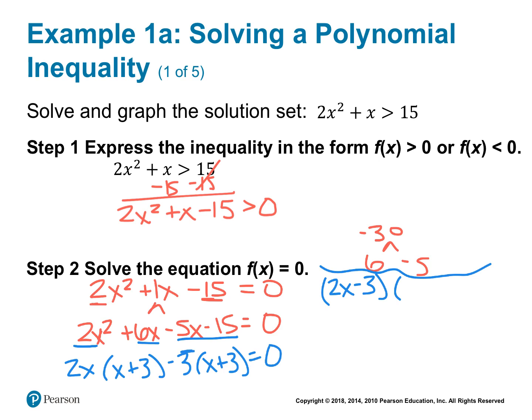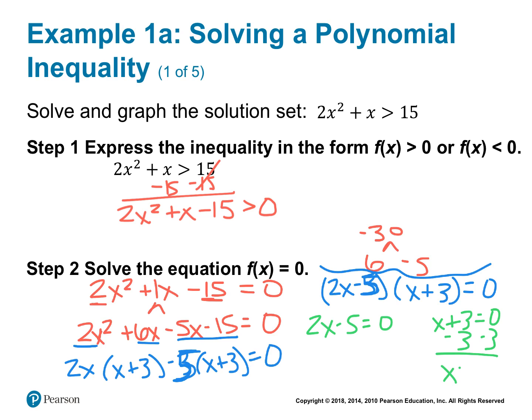Oh, sorry, this should be a 5. My mistake. That should be a 5. And x plus 3, that equals 0. So now you could just go ahead and solve those to see what our x's would be. Let's set them both equal to 0. This one's easy. x could be negative 3.